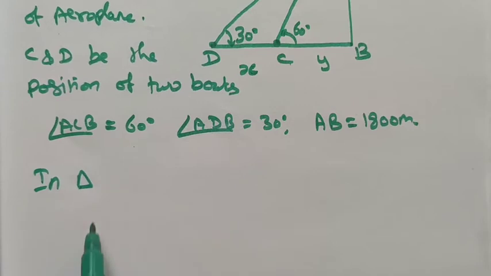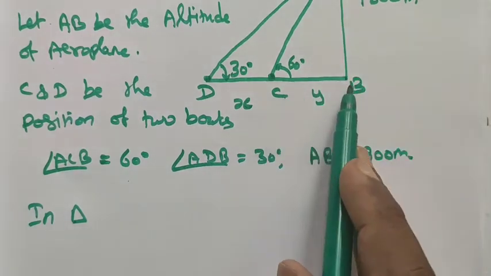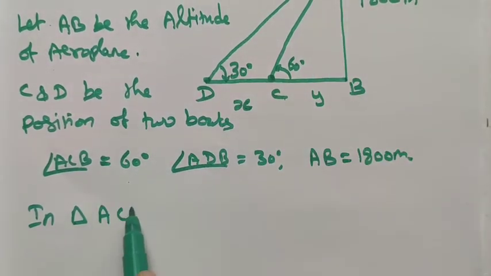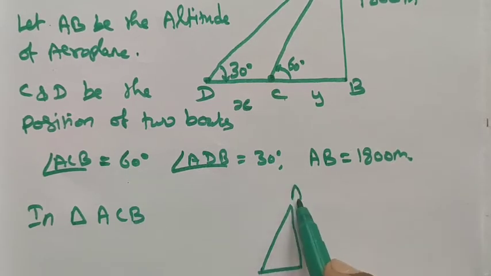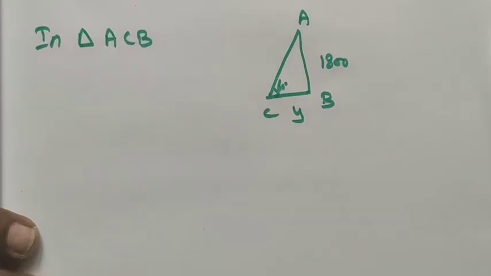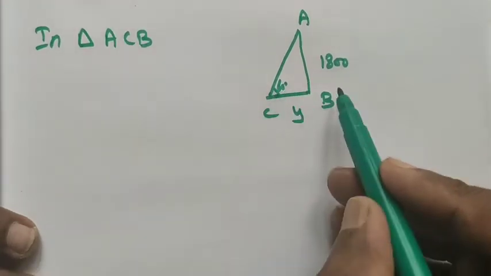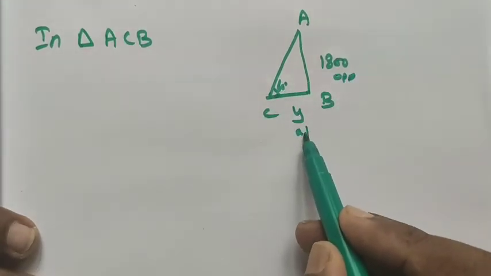First I choose the triangle ACB. In triangle ACB, I draw here: this is A, this is C, this is B, this is Y, 60 degree, and then 1800. See, the angle is inclined here, so this is the opposite side, and this is the adjacent side.